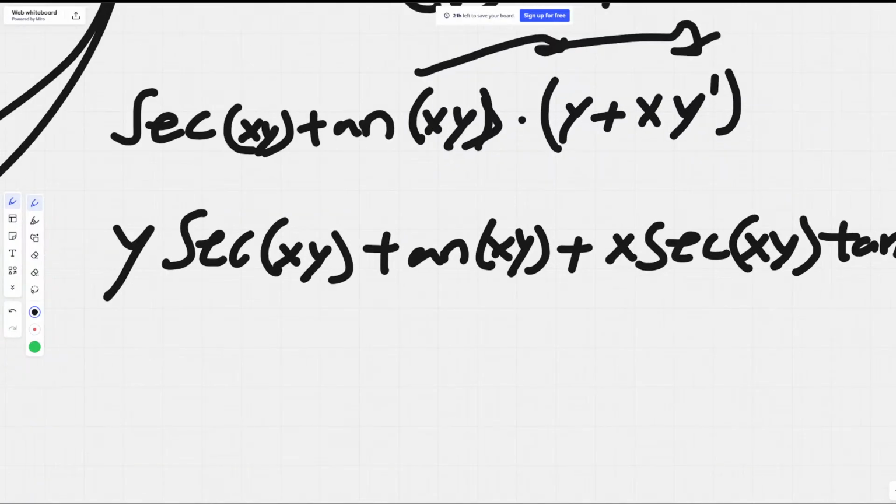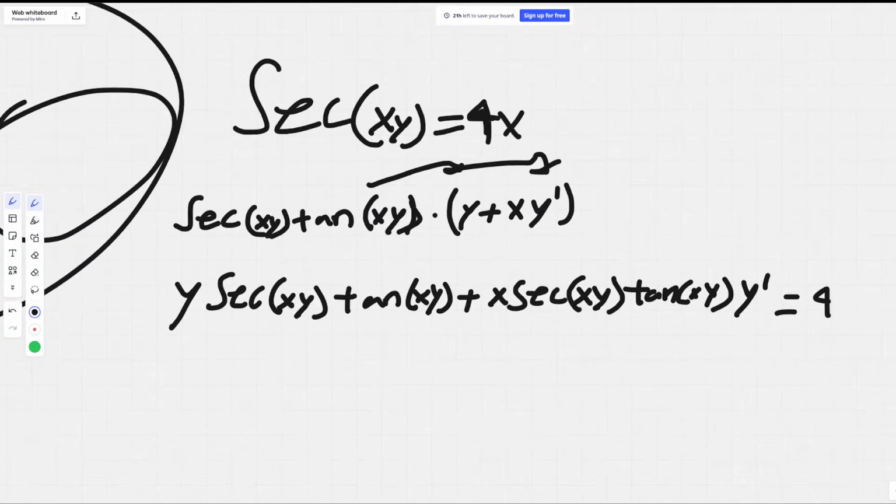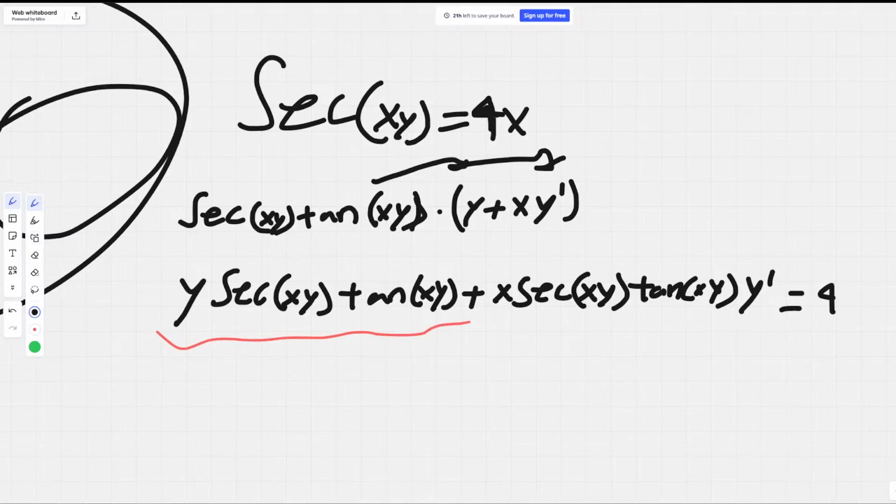This does not have any primes, so I'll take that over.